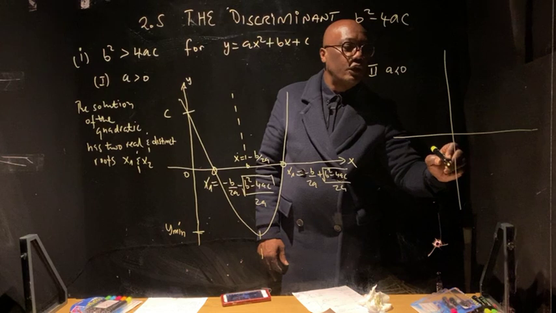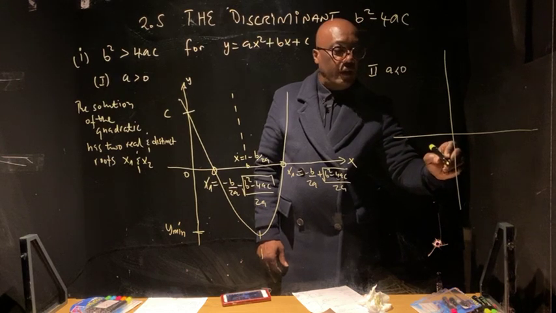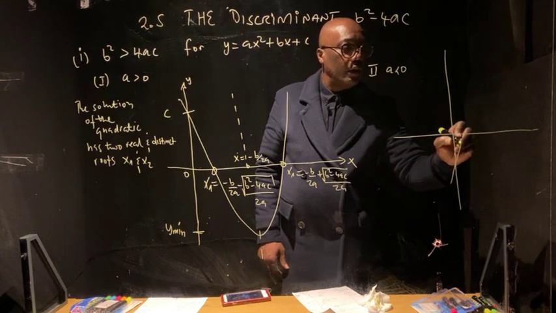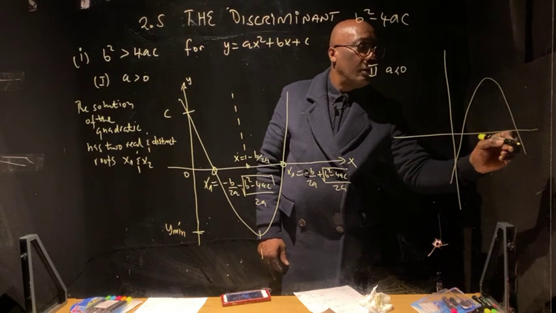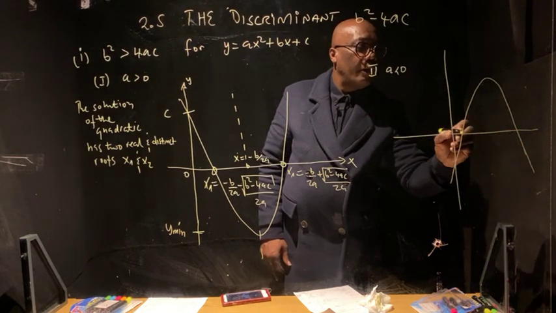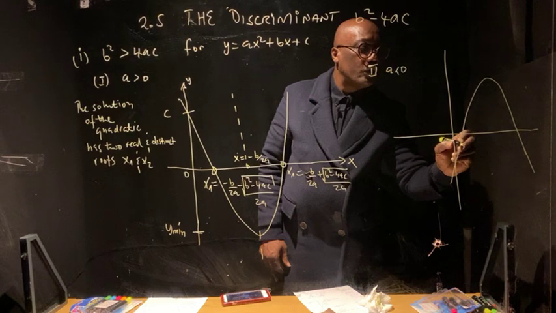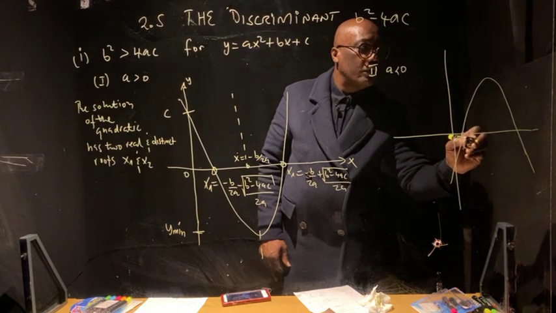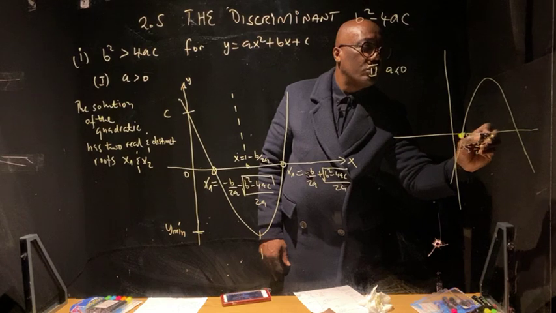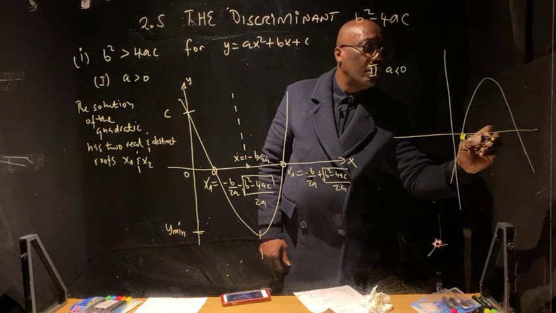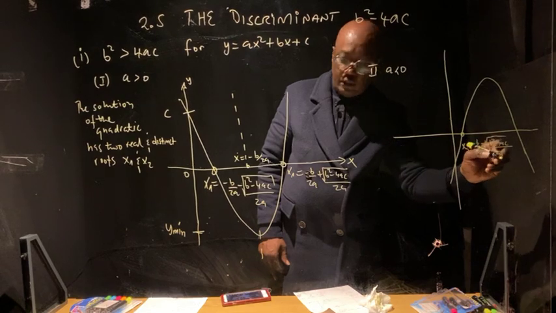So you can see that the graph will be like this, where this one is x2 equals negative b over 2a minus the root of b squared minus 4ac over 2a.